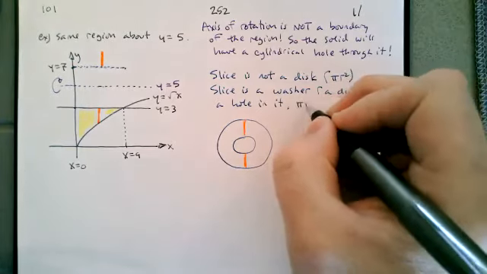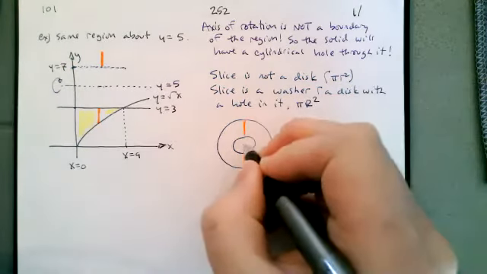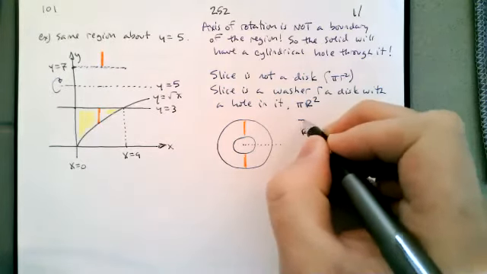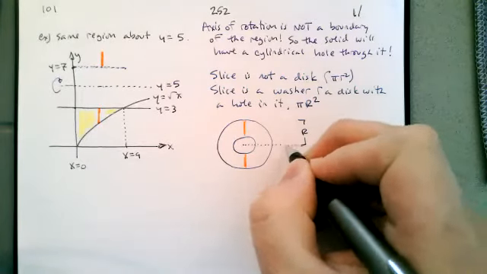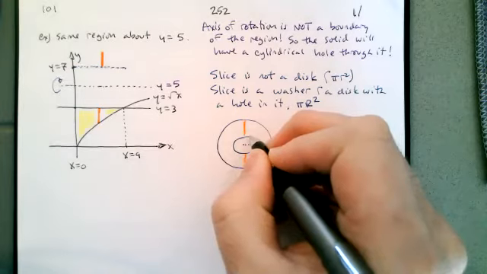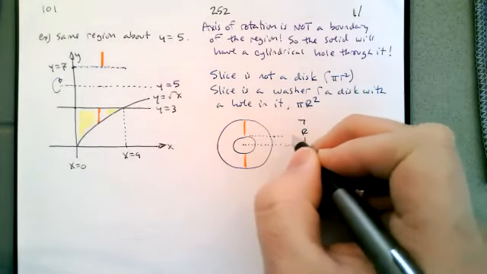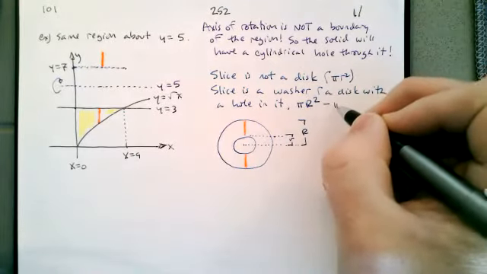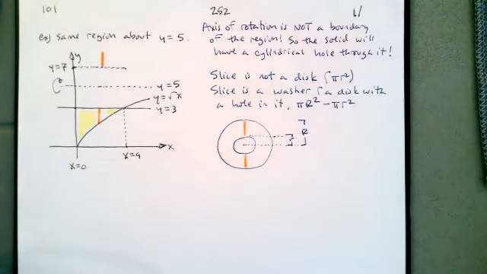There's going to be an outer radius and there's going to be an inner radius. Because we just take the area of the big circle and subtract the area of the little circle inside.